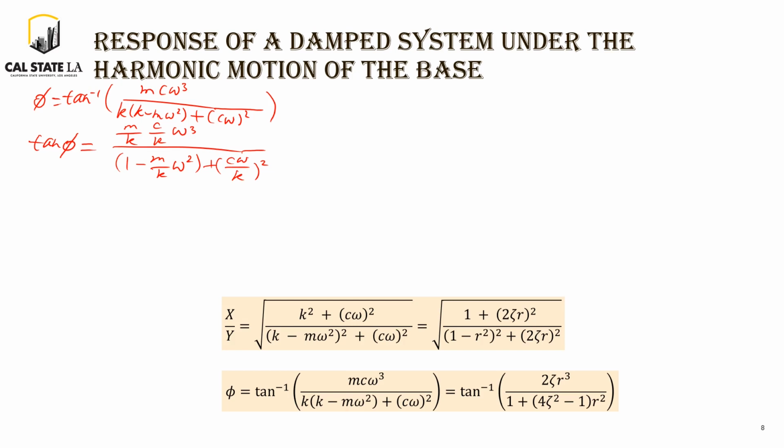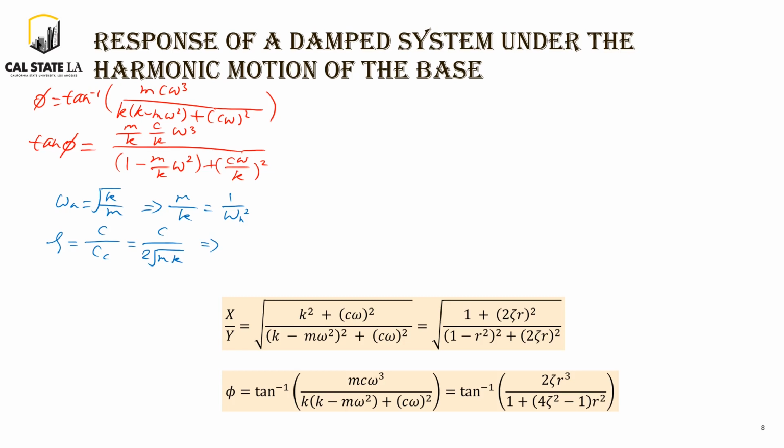Now again, we're going to use the conclusion that we have. We know how to find the natural frequency. Natural frequency is equal to the square root of k over m. So we can find m over k. M over k is equal to 1 over omega n squared, right? And similarly, we can find c over k from what we did with the damping ratio, zeta, that is equal to c over the critical damping constant, which is c over 2 times the square root of mk.